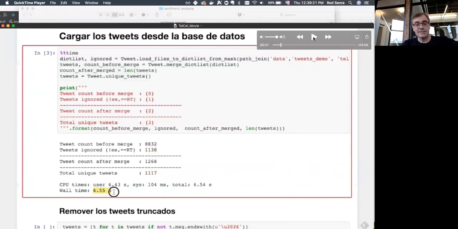And then we eliminate the duplicate tweets because there are retweets. So you have to eliminate that as well. And you end up with a much smaller base with only 1,000. So from a starting database of almost 10,000, it reduced to a single thousand of the interesting data that you're planning to tackle.